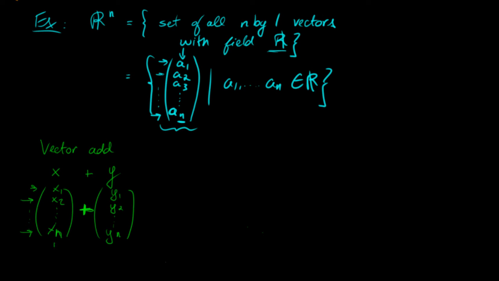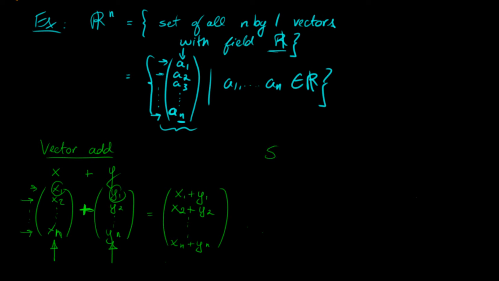When I add these two vectors together, how we define it in Rn is we take the first component of x and add it to the first component of y. In other words, we get x1 plus y1, which is just an addition over the real numbers. For the second row, we get x2 plus y2, and that continues until xn plus yn. And that's how we define vector addition in Rn.